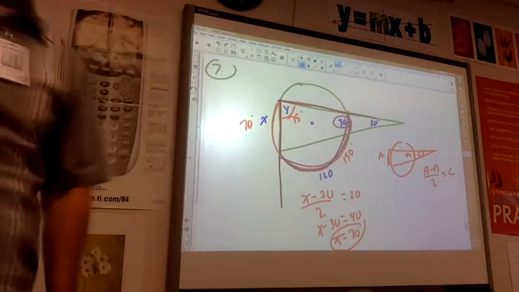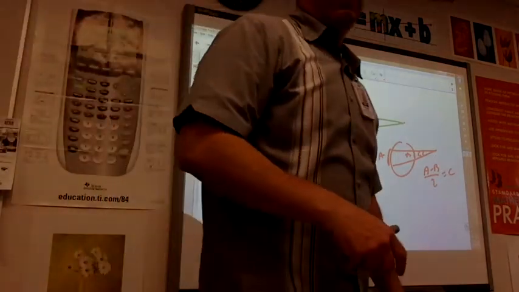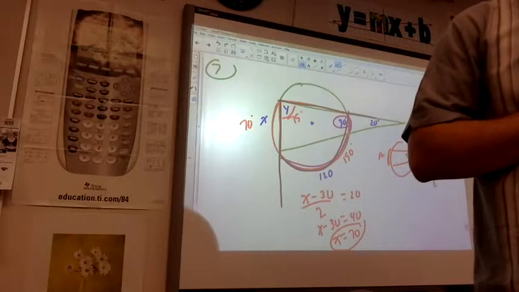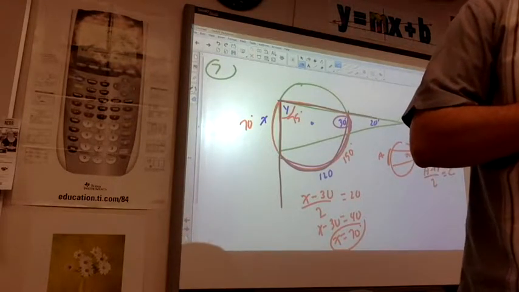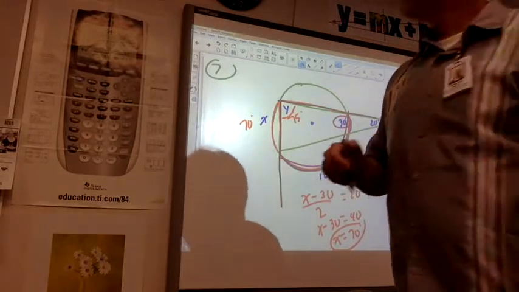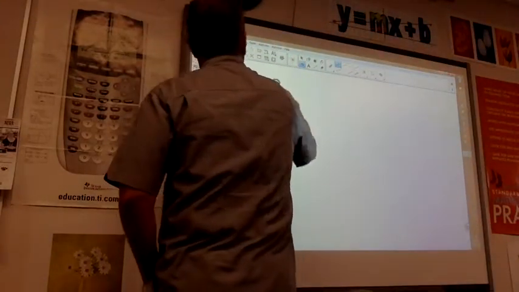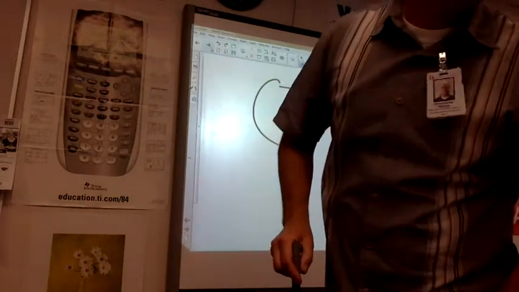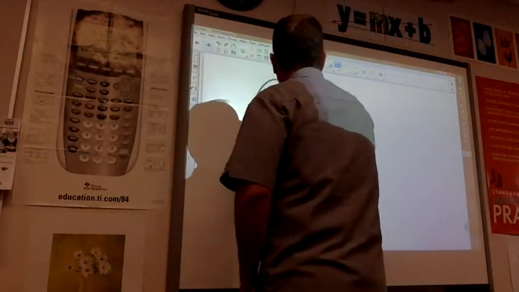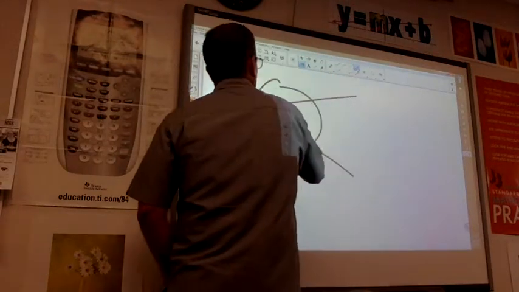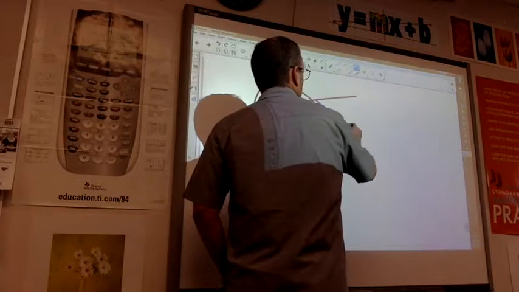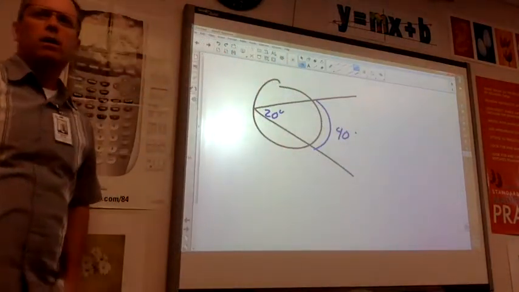Yeah. So I just need 2 more equations for circles. So for the angle, I can show you. Like I did these 2. So okay, if this is 20, then this has to be 40. It's half of that.